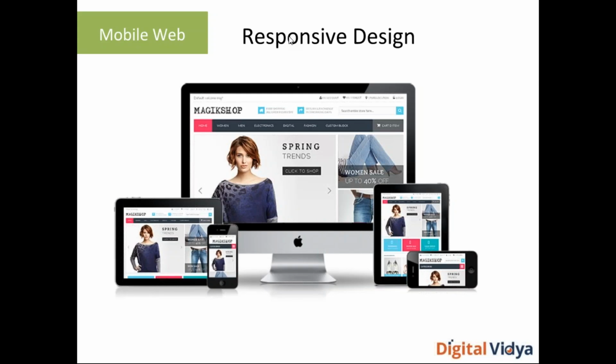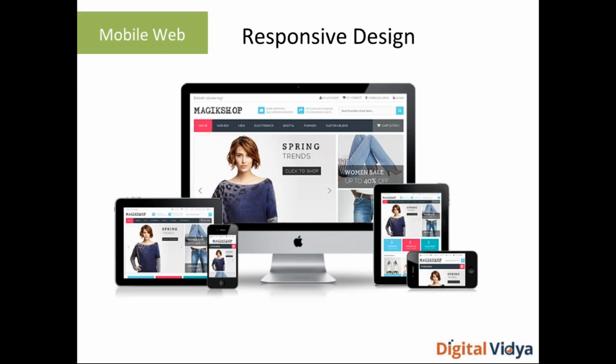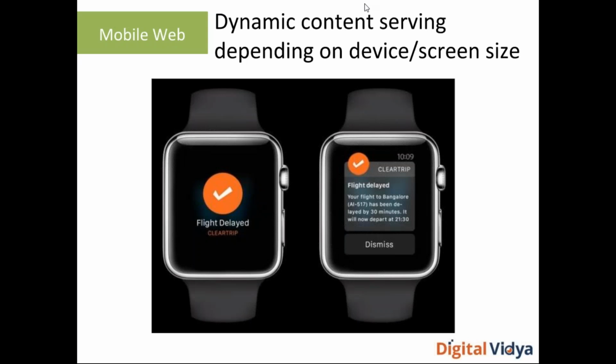So let's not go into detail on the coding part because we don't have enough time and you'll get confused. I'm just explaining the terms to you so that you can question the team and get clarity. Then there is dynamic content serving. If you do dynamic content serving, your content will be adjusted according to the screen type.